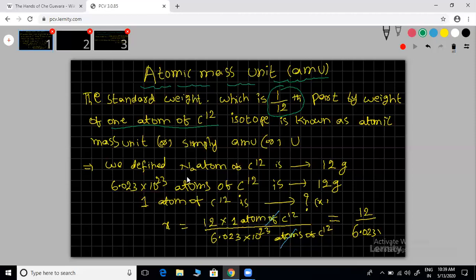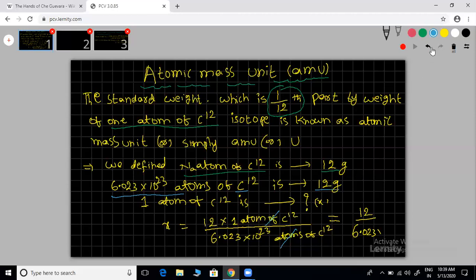Na atoms of C12 weigh 12 grams. Na means Avogadro number, 6.023 into 10 power 23 atoms of carbon weigh 12 grams. Then what is the weight of one atom of carbon? We can calculate by cross multiplication.